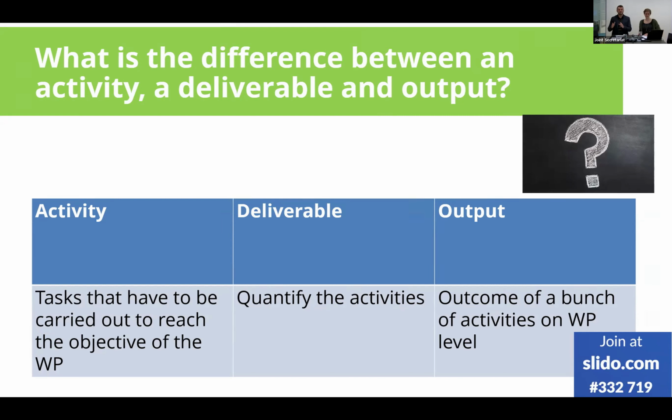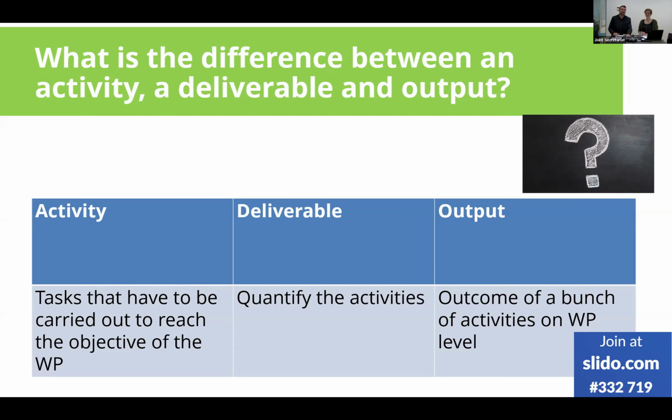You measure those activities one by one individually with a deliverable chosen from a drop-down menu, quantifying the activities, giving them a target value. And the work package as a whole, the outcome of those activities on work package level, should be defined and captured by an output indicator.